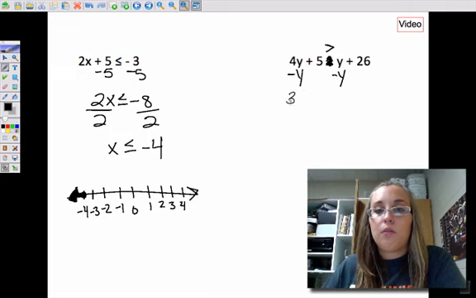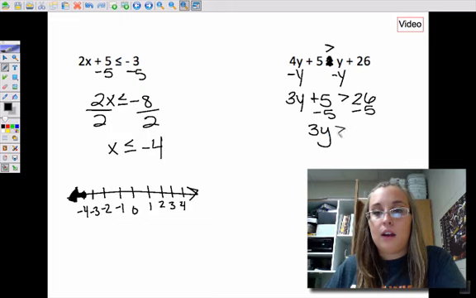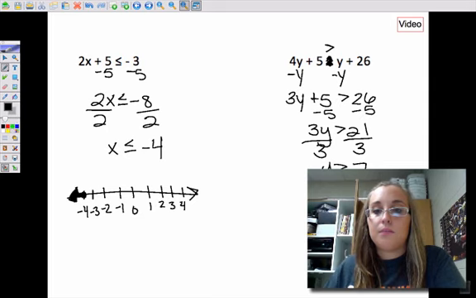That gives me 3y plus 5 is greater than 26. Okay, subtract 5. I'll get that 3y is greater than 21. Divide by 3. And I get that y is greater than 7. Okay, so y has to be greater than 7 in this case.